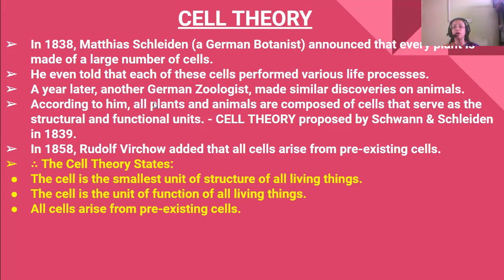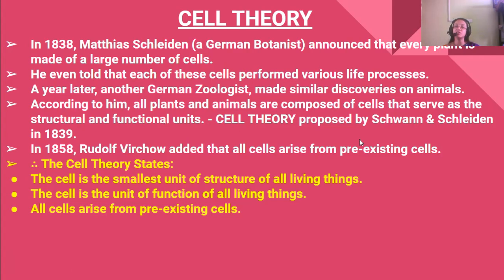A year later, another German zoologist made similar discoveries on animals. He was known as Schwann. According to him, all plants and animals are composed of cells that serve as structural and functional units.